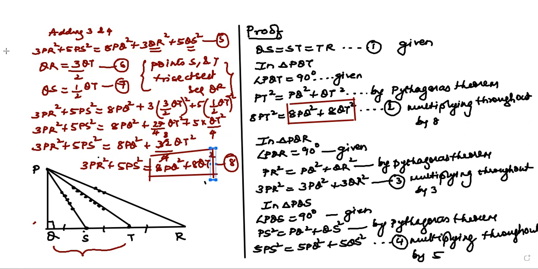So naturally, can I say, children, 8PT squared equals 3PR squared plus 5PS squared? The reason is from 2 and 8. I don't say it's difficult, children, but still, you have to concentrate a lot to understand it, okay, children?